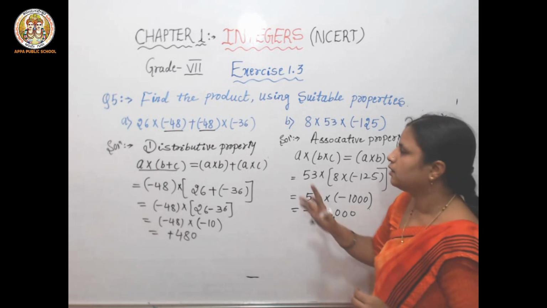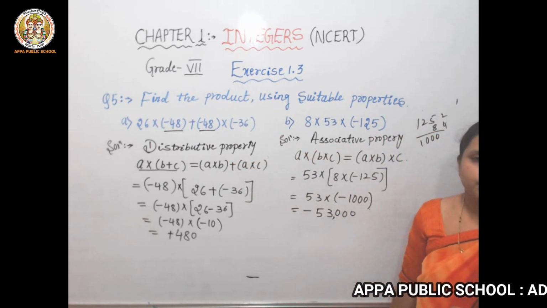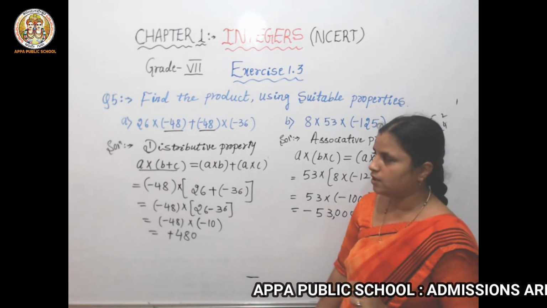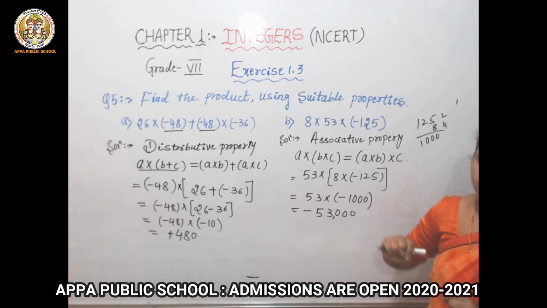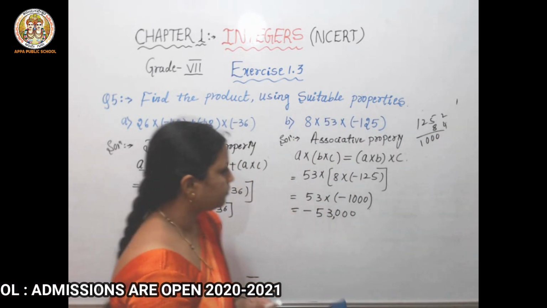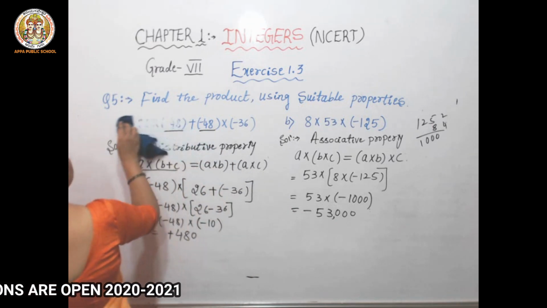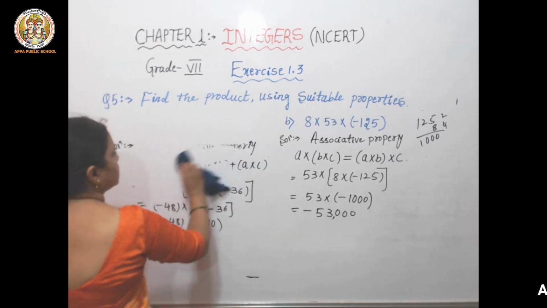It means that in the exam, you must mention which property you are using, because in the question they said using suitable properties. Clear? And next, see, C problem.